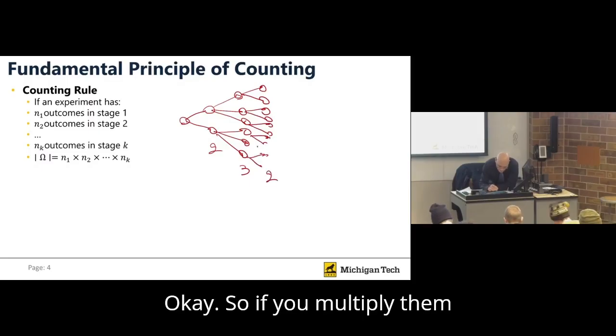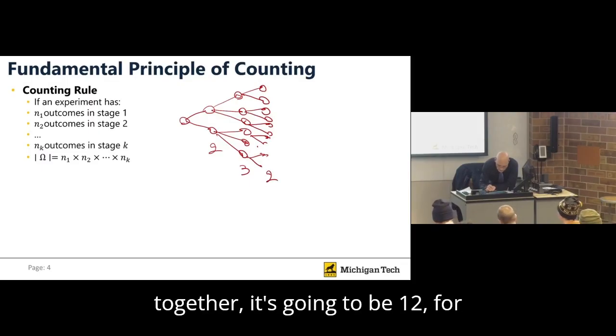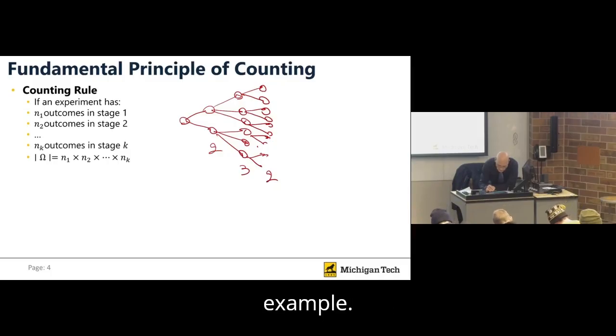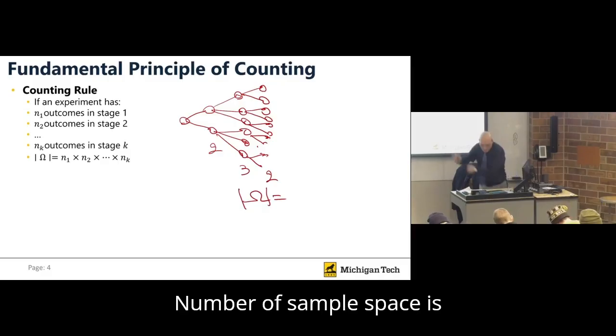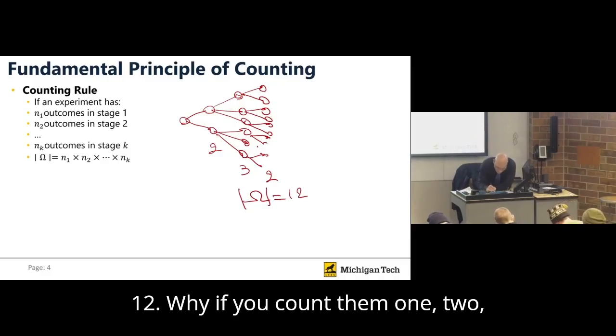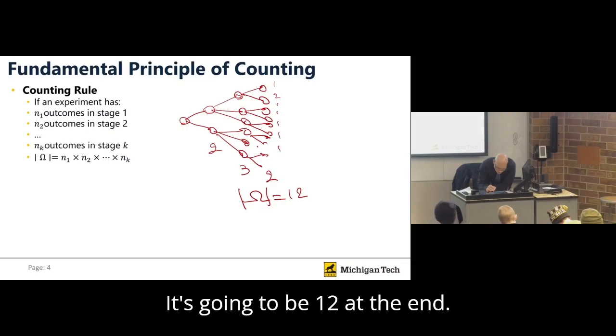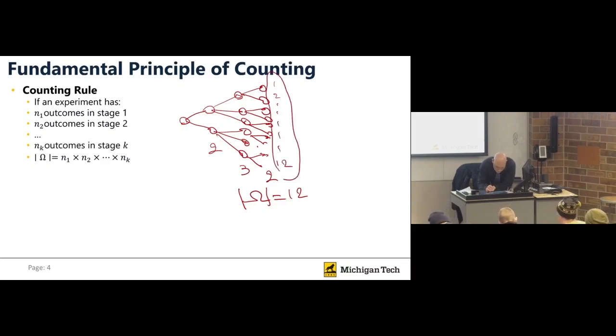Okay? So if we multiply them together, it's going to be 12, for example. Number of sample space is 12. Why? If you count them 1, 2, it's going to be 12 at the end.